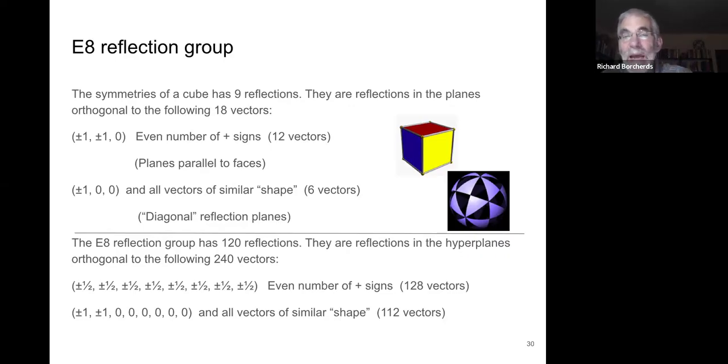You can do the same thing in 8 dimensions. If you write down the 240 vectors that I had earlier, you can reflect in the hyperplanes orthogonal to those, and that gives you 120 reflections. And these generate a group of symmetries of the sphere packing in 8 dimensions.